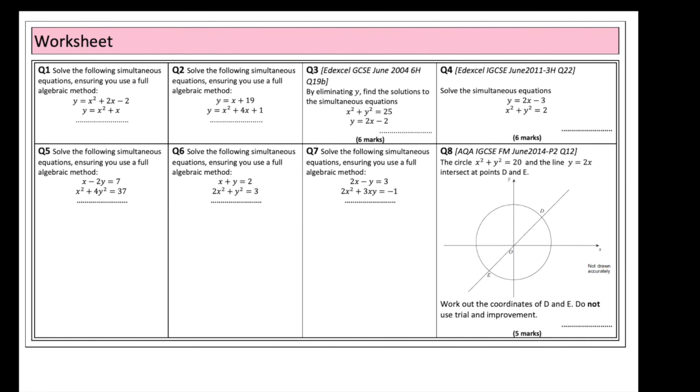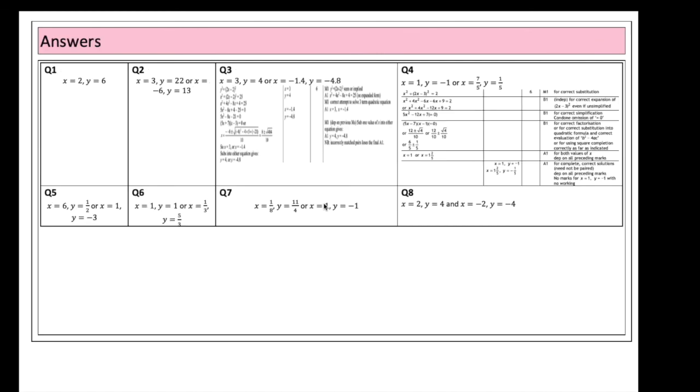So have a go at these questions. There's 8 questions there for you to have a go at. Make sure you pause, take your time. Okay, and I'll put the answers up, so mark these in green.